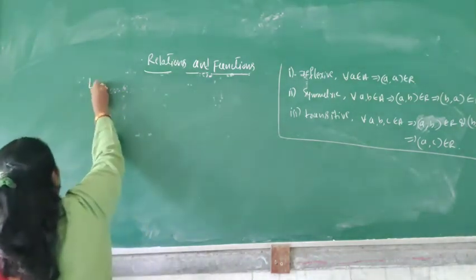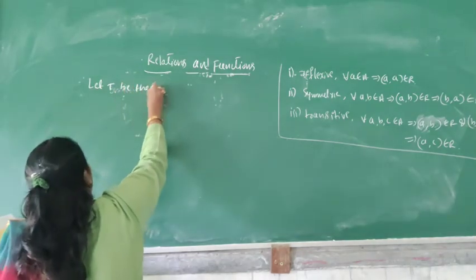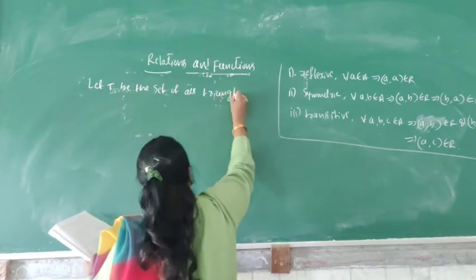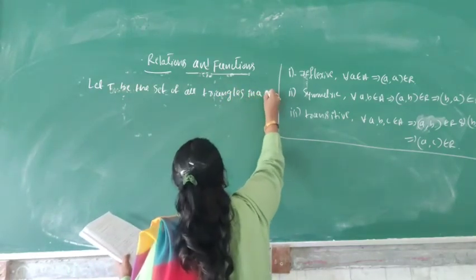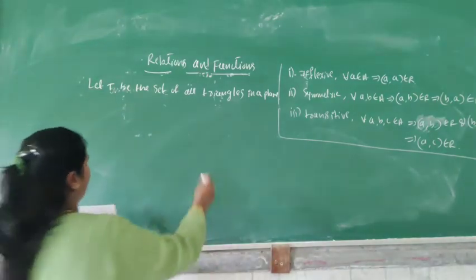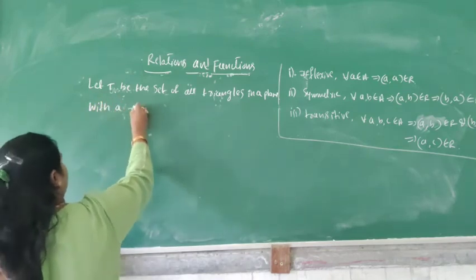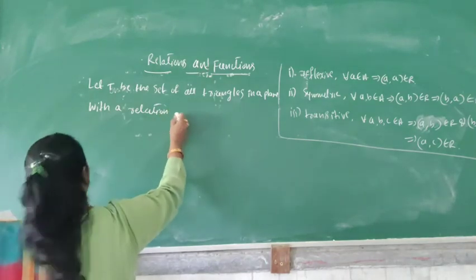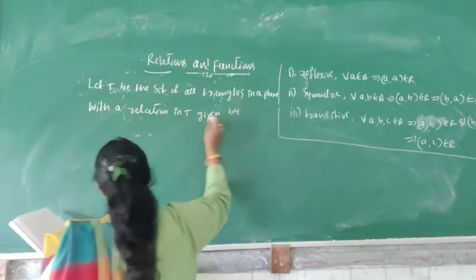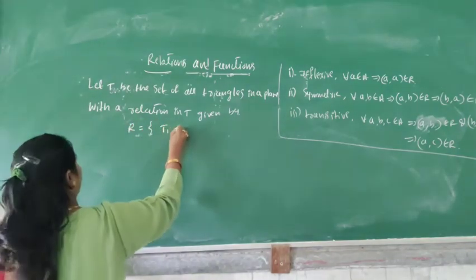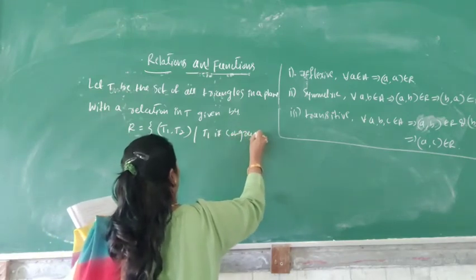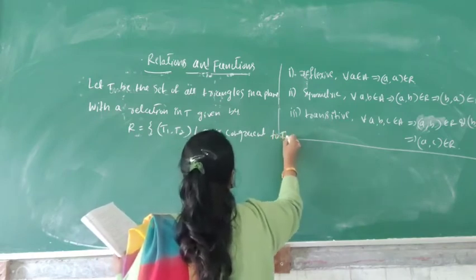Let T be the set of all triangles in a plane with a relation R in T given by R equals {(T1, T2) such that T1 is congruent to T2}.